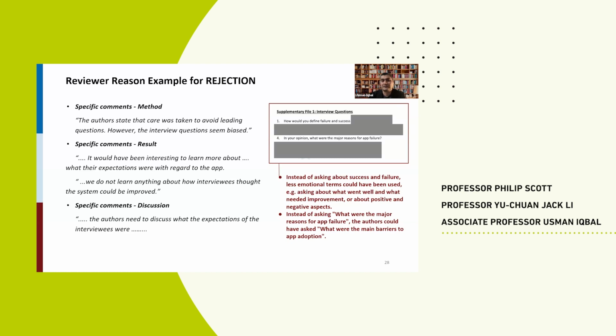The authors need to discuss what the expectations of the interviews were. That was also not very clear from this particular study. So instead of asking about success and failure, less emotional terms could be used, like asking what went well and what needed improvement, and about the positive and negative aspects as well.